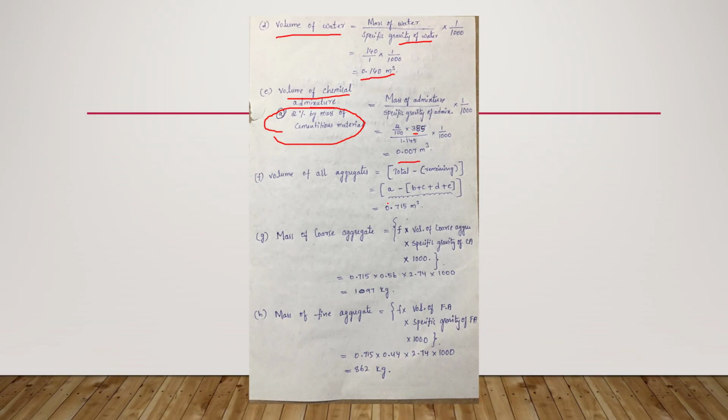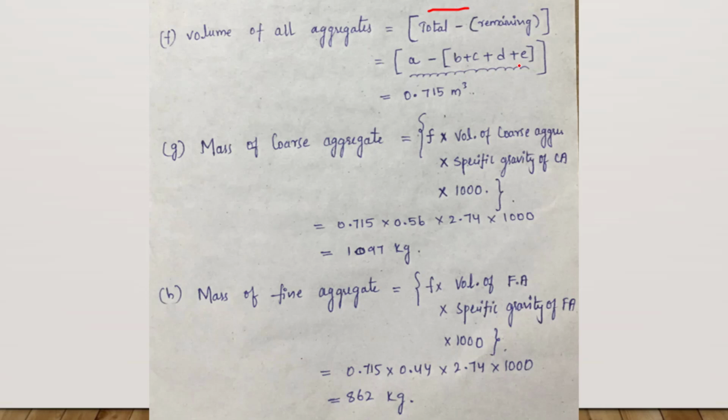Next, volume of all aggregates is the total minus the remaining: A minus B plus C plus D plus E. So we'll get 0.715. So mass of coarse aggregate, we have a formula: F into volume of coarse aggregate we found in the previous step, and specific gravity of coarse aggregate into 1000.